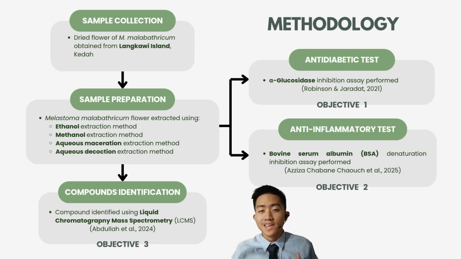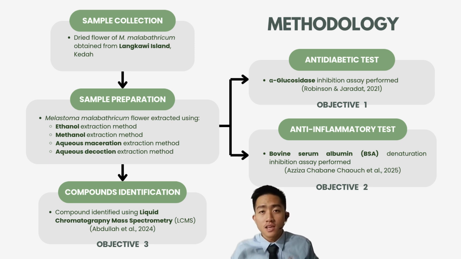The methodology in this study started with sample collection of dried flowers of M. malabathricum from Langkawi Island. Next, the bioactive compounds of the flower were extracted using ethanol, methanol, aqueous maceration, and aqueous decoction extraction methods.